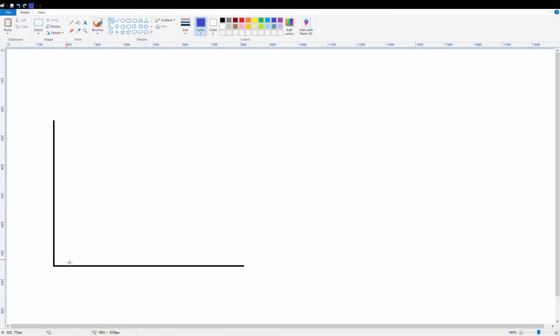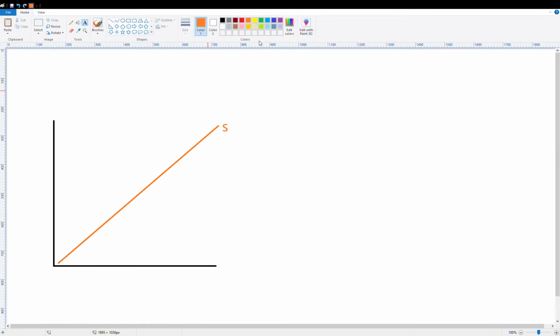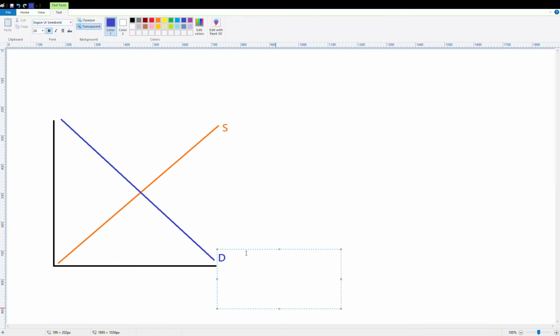You have the supply curve that slopes up, and you've got the demand curve that goes down like this. This is basic. It's almost exactly like the normal market.